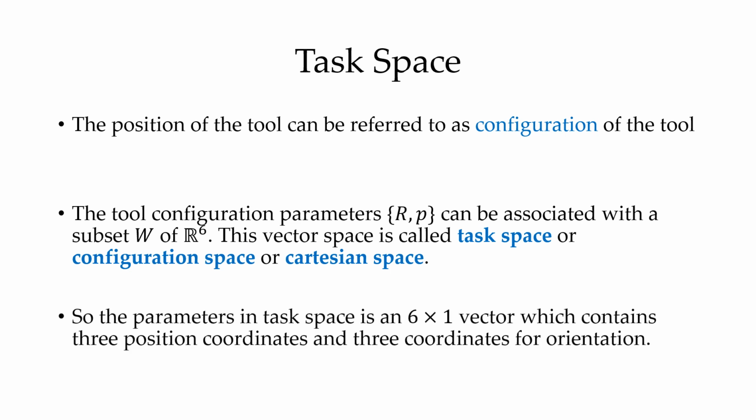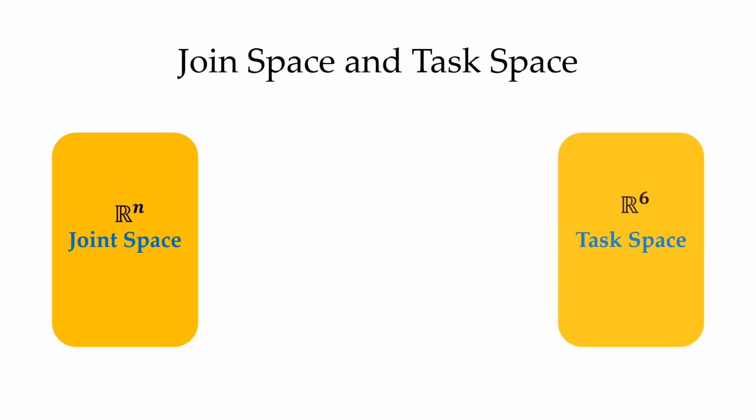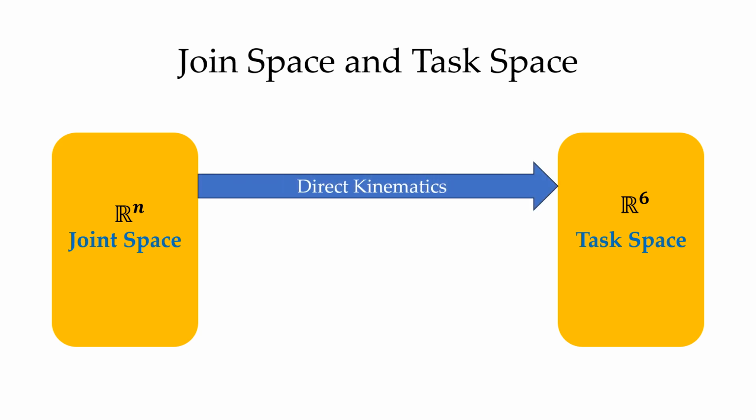Now let this be the joint space and let this be the task space. If you are given the values of the joint variables, that is the parameters in joint space, then you can convert them into task space using direct kinematics.